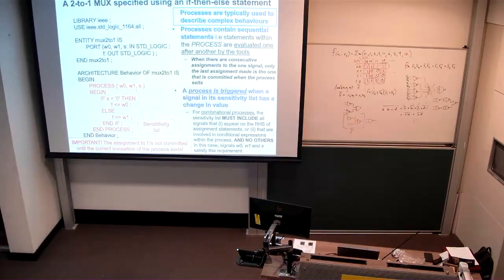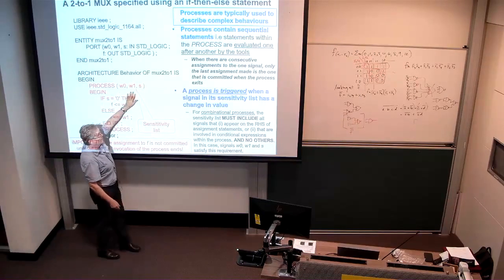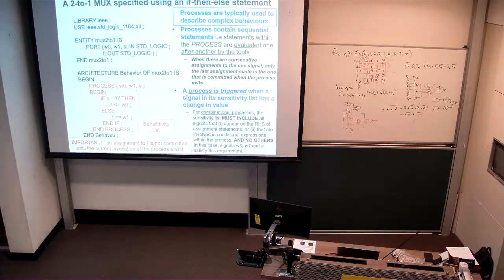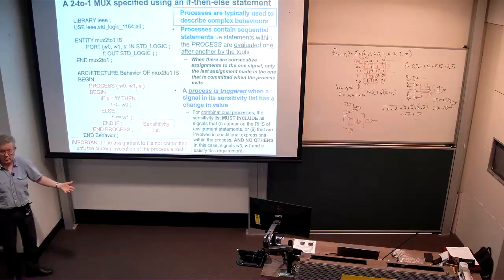The process overall is only triggered when one of the signals in its so-called sensitivity list experiences a change of signal value. There are processes that don't have a sensitivity list, and we'll come to those, but for today we're only looking at combinational processes.